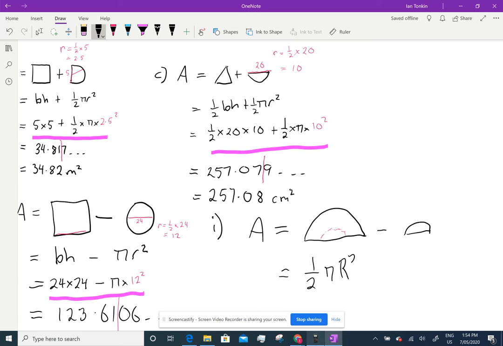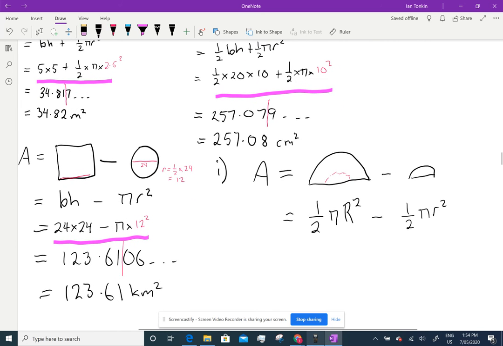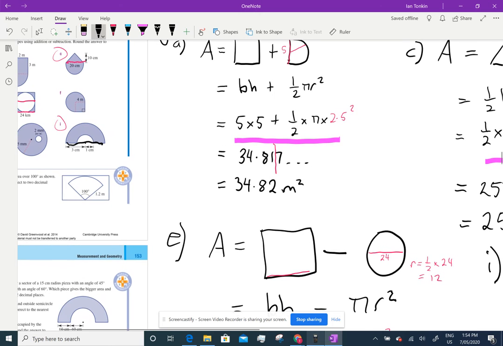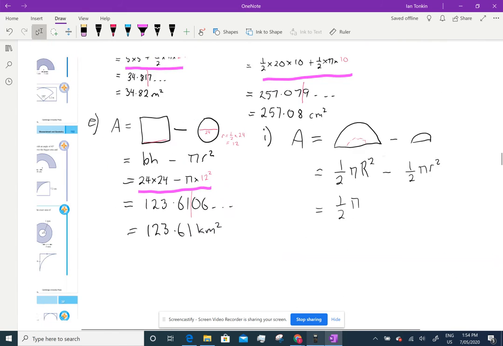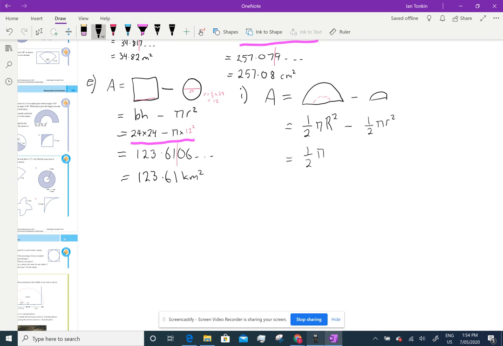I'm going to write a big R squared for that one. And the area of the little semicircle is a half pi. I'm going to write a little r squared. What's the radius here? Well, the radius of the big one is 3. And the radius of the little one is 1. So once you've got that, this one's quite easy. A half times pi times 3 squared minus a half times pi times 1 squared.